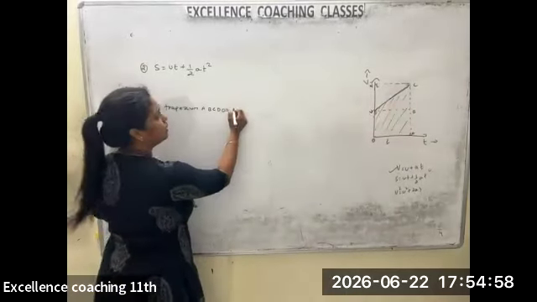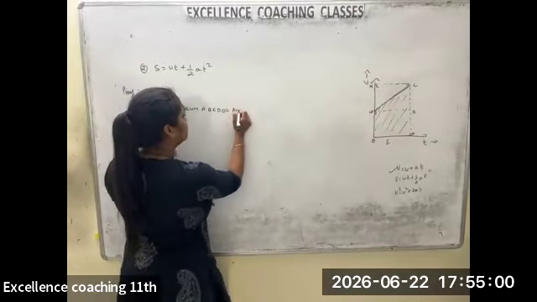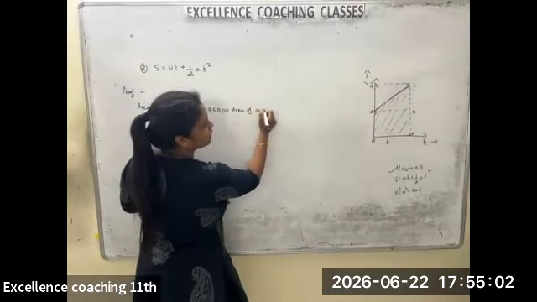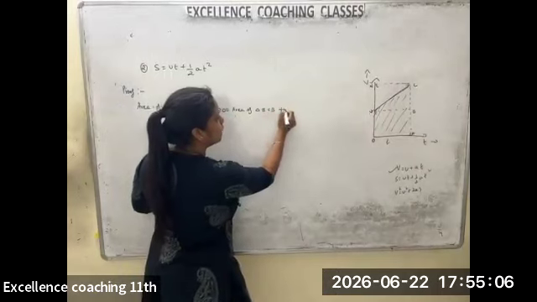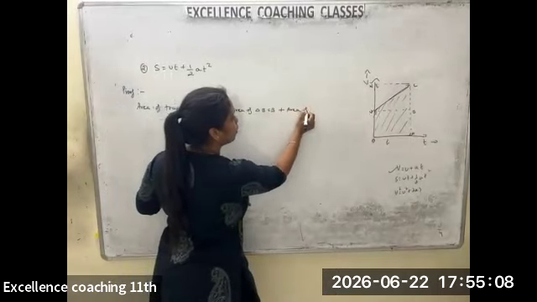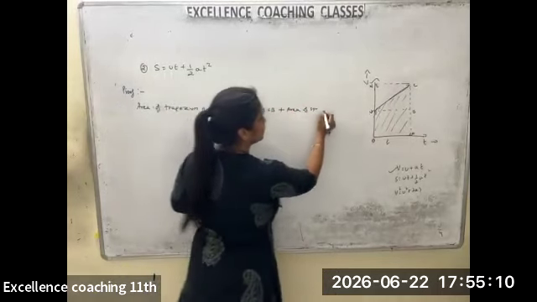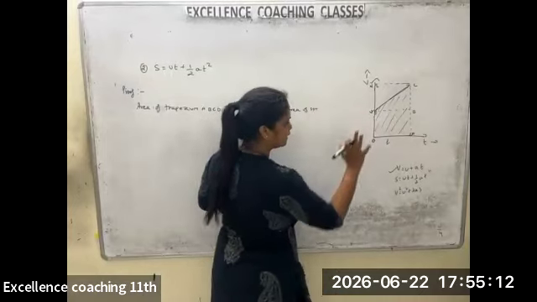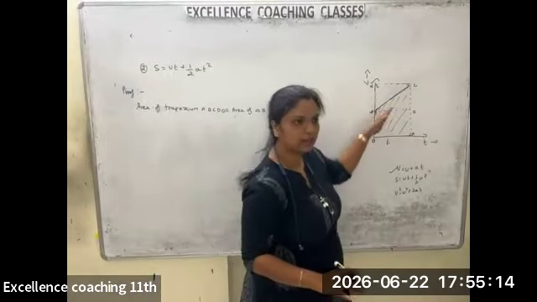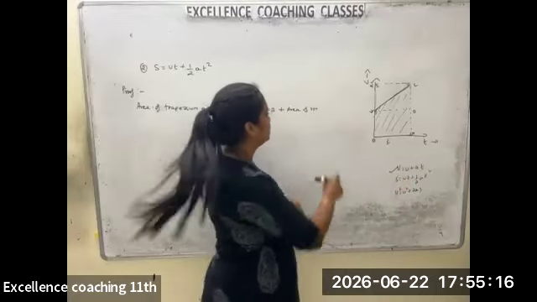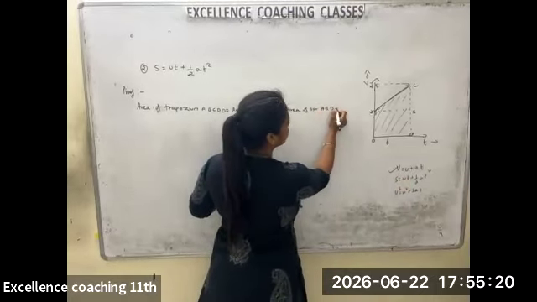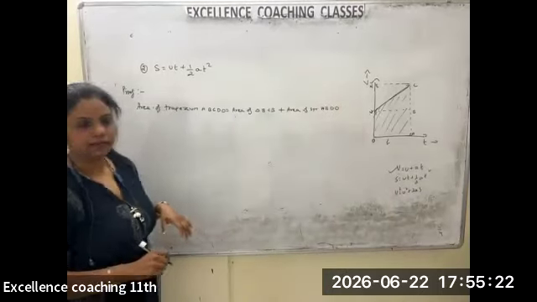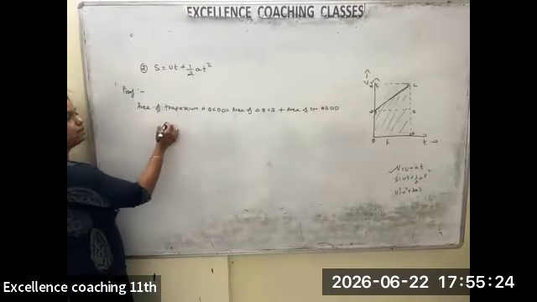So this will be equal to the area of triangle BCD plus the area of the square, or rectangle, whatever you can take, A, B, D. Correct? Now what will be the area of the trapezium?